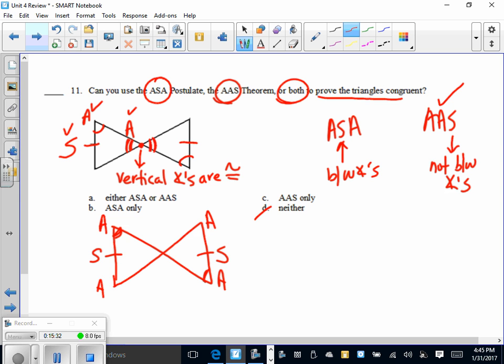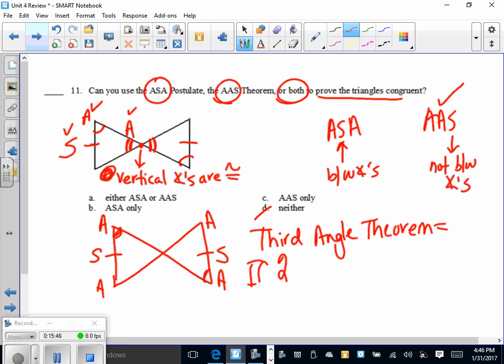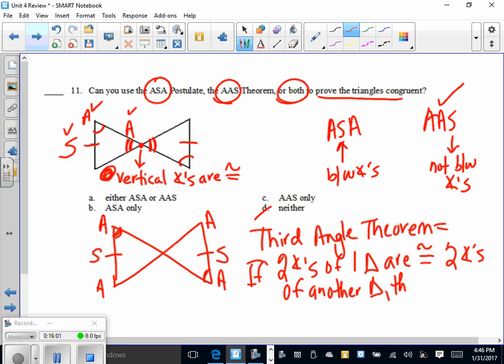Now, because I know that this is true, then I know by the third angle theorem that if two angles of one triangle are congruent to two angles of another triangle, then their third angles are congruent.